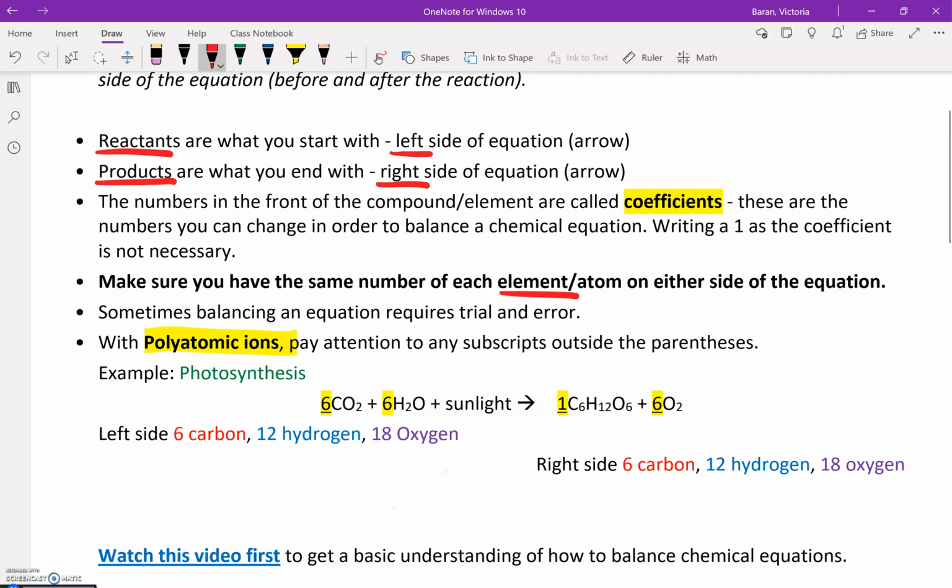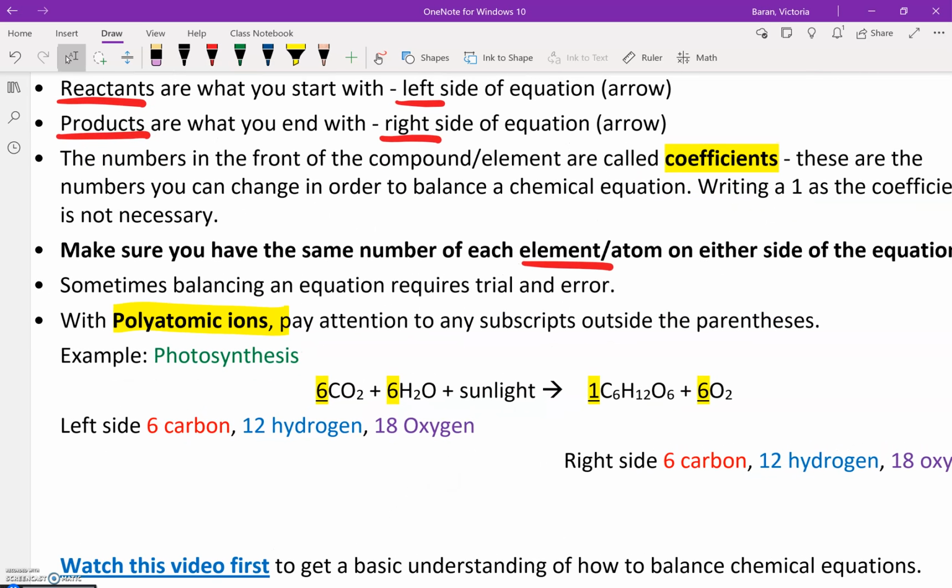So for instance, photosynthesis, you guys saw this in biology. This is a balanced chemical equation. If you look on either side, we have the same amount of each element. So there are 6 carbons on either side. I have 1 carbon here, but I have a 6 in the front. So again, the coefficient in the front gets distributed essentially to each element.